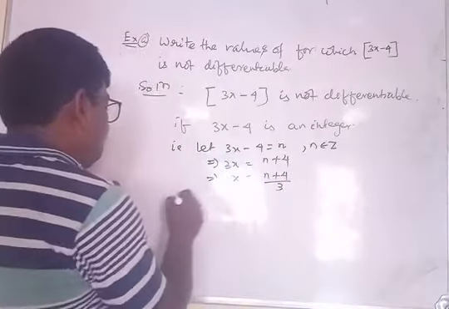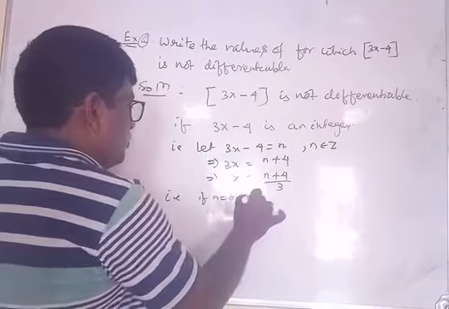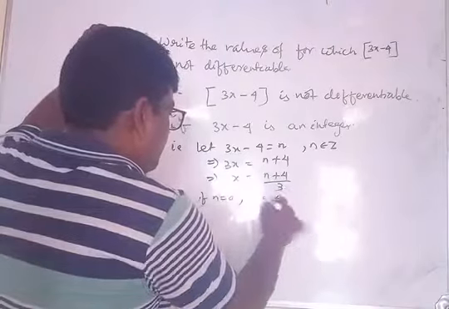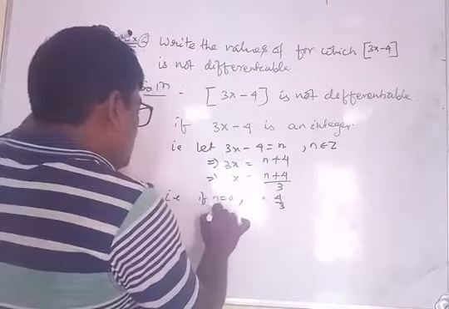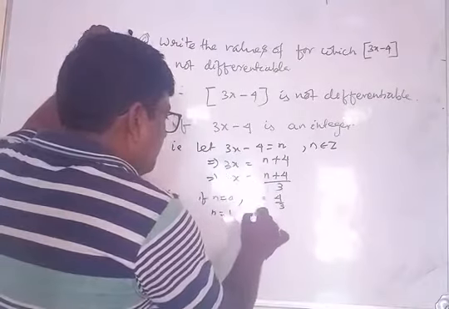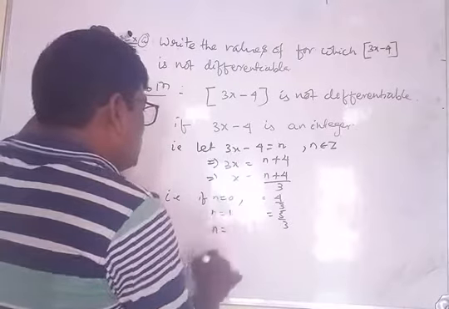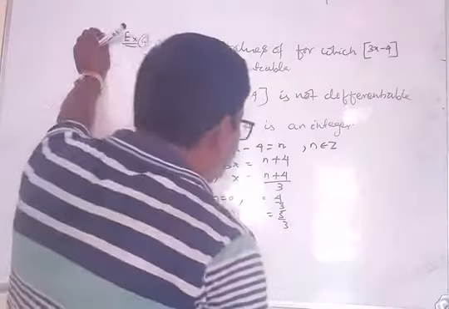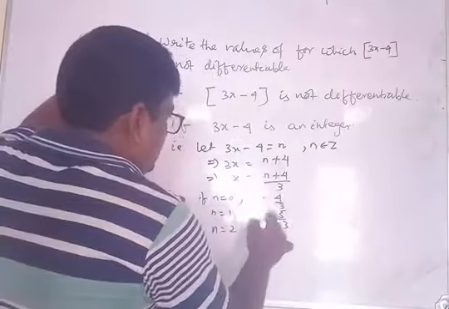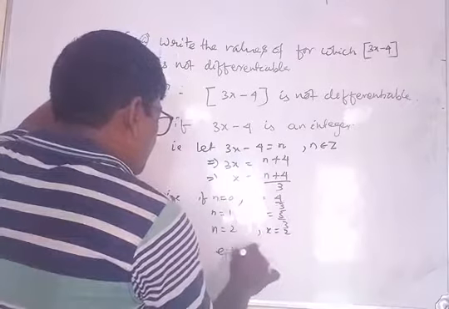If n is equal to 0, x is equal to 4 by 3. N equal to 1, x is equal to 5 by 3. N equal to 2, x is equal to 6 by 3, that is 2, etc.